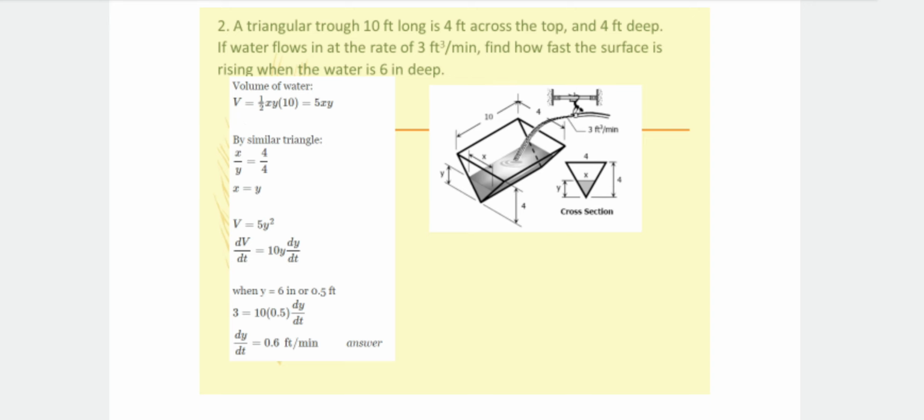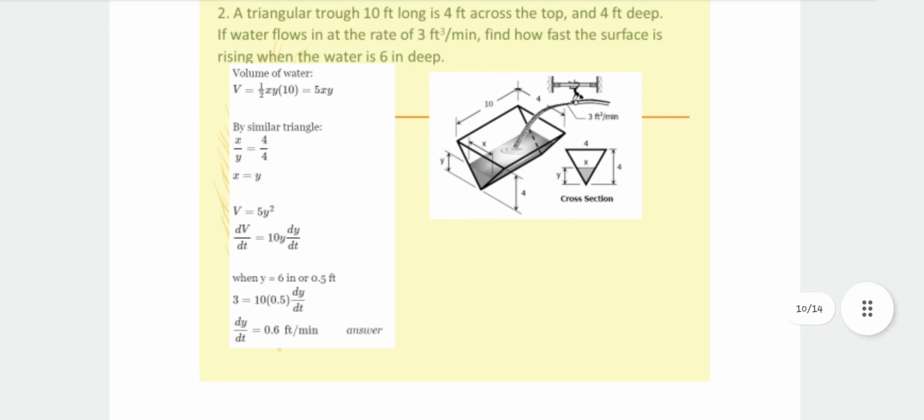Okay? Then next, especially for triangles, usually you use ratio and proportion. So by similar triangles, we compare the smaller triangle with respect to the bigger triangle.